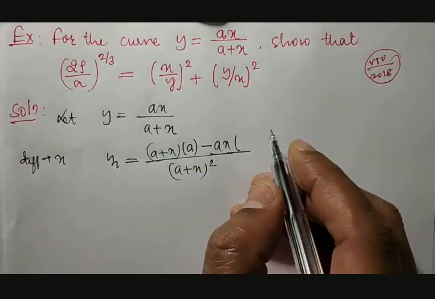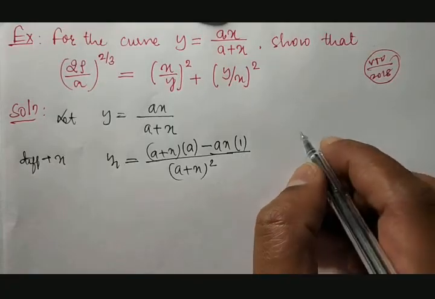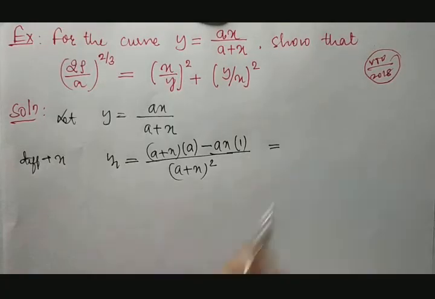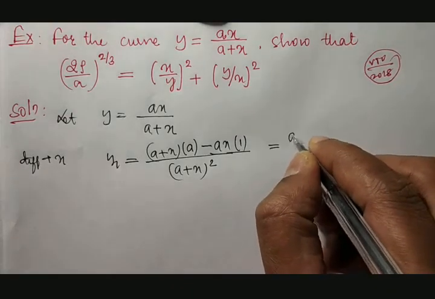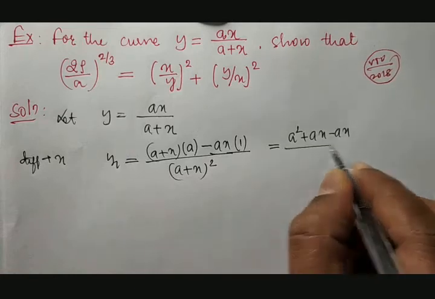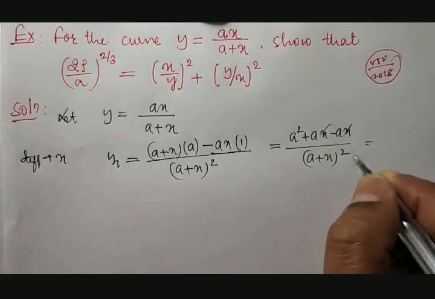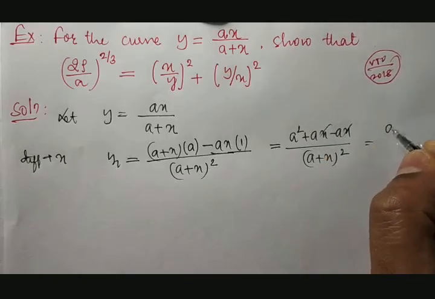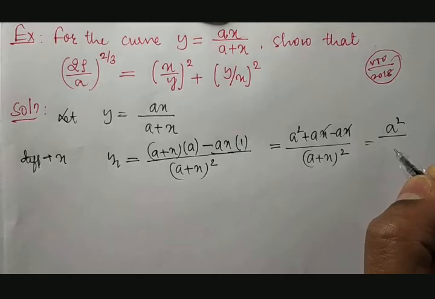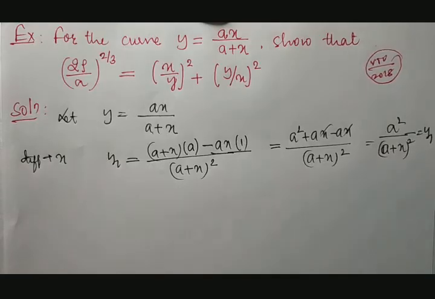And differentiation of this denominator with respect to x is 1. Therefore, we can take it as a into a plus x, minus ax, divided by a plus x the whole square. It gets cancelled. Therefore, it is nothing but a square divided by a plus x the whole square, which is the value of y1.